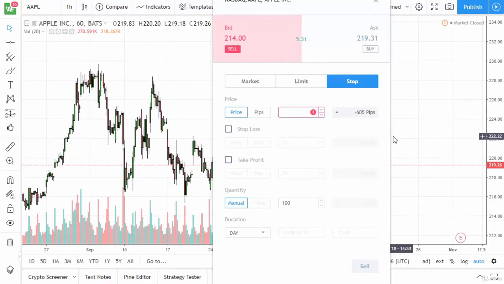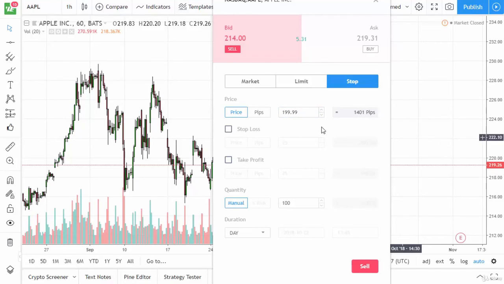Now, there's also the sell stop order, as you can imagine. And it is the same thing. If you're long the market and you want to protect, say at $200, you want to get out, it's a market order to protect your long position. Doesn't mean you'll get out at 200. You might get out at 199.99.